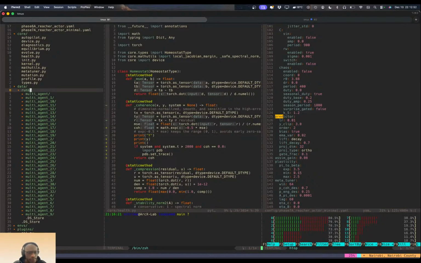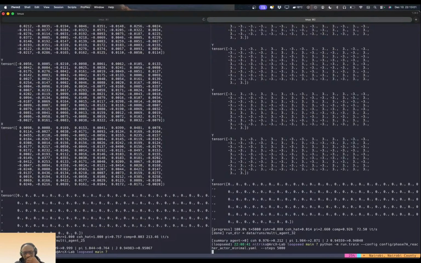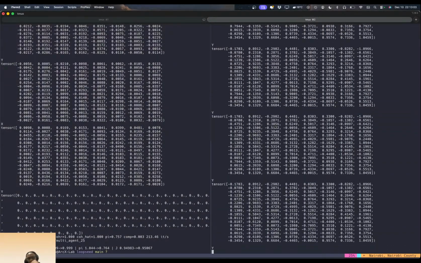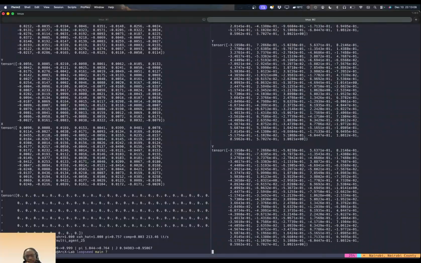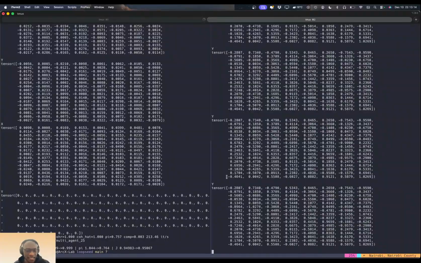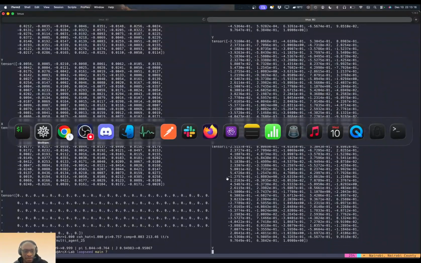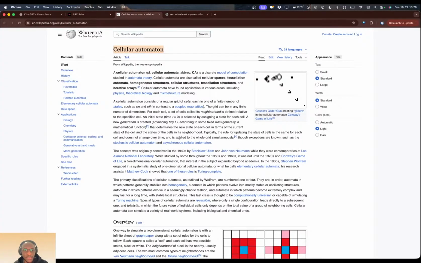Okay, that's it for predict. Let's try again. This is a crazy bug. Once we solve this, we are starting some serious training, and then we build a CA for this.